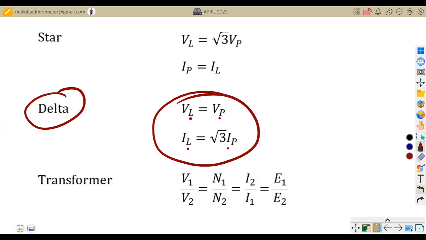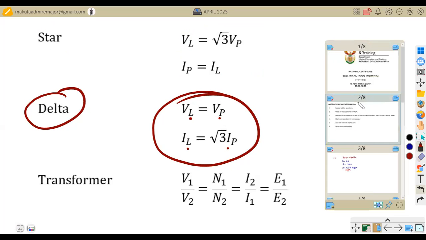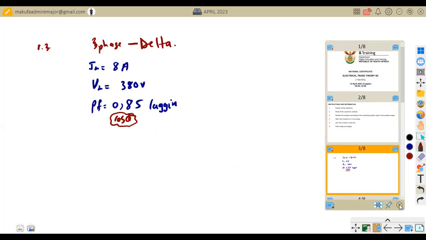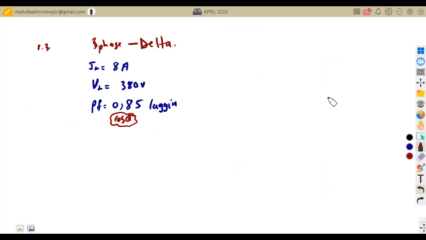These are the formulas we consider as long as we are dealing with a delta connection. And every power that you're going to take will be multiplied by the square root of 3.